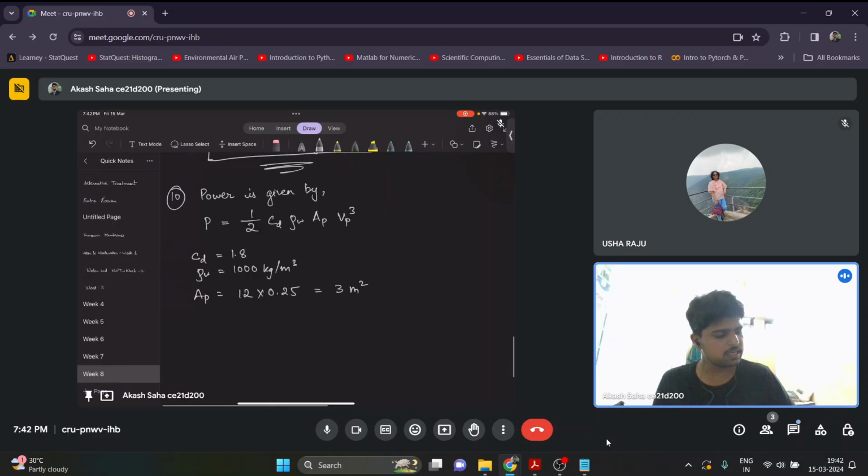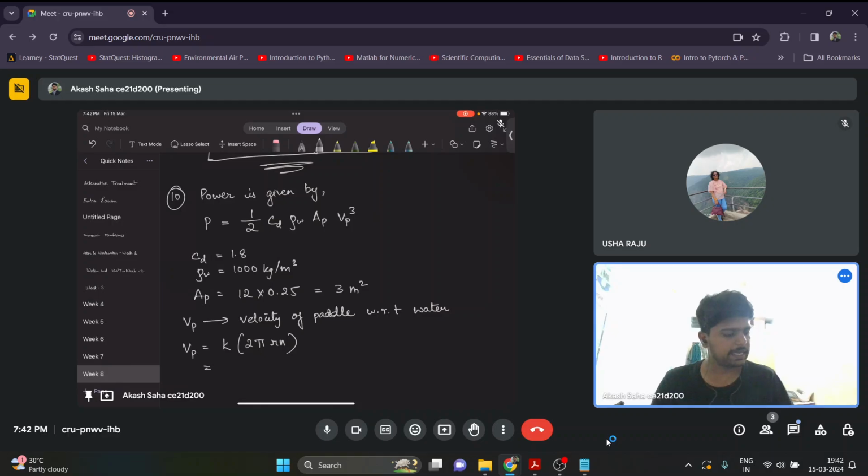Now the last thing is the V_P. So my V_P is the velocity of paddle with respect to water. So my V_P will be equal to K times 2 pi R n. K is the coefficient, known, that is 0.75. It is given in the question, with respect to water, what is the velocity of the paddle.